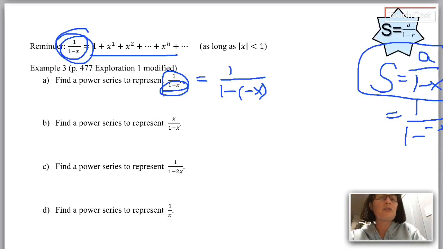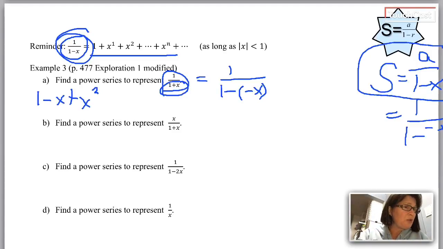That's going to be the first term of 1, and every time I need to multiply to get to the next term, I'm going to multiply by negative x. So the next term is going to be plus negative x. I'm going to write minus x. The next term is going to be negative x times negative x, which makes positive x squared. The next term, I'm going to multiply by negative x.